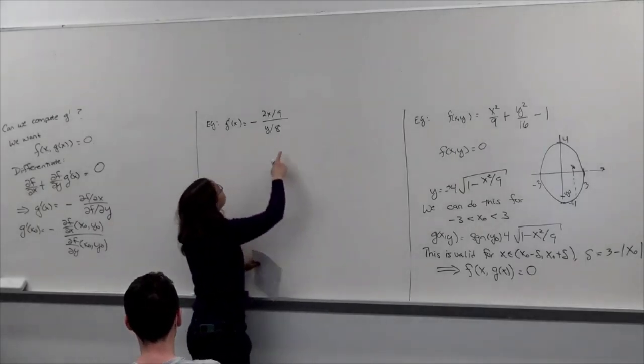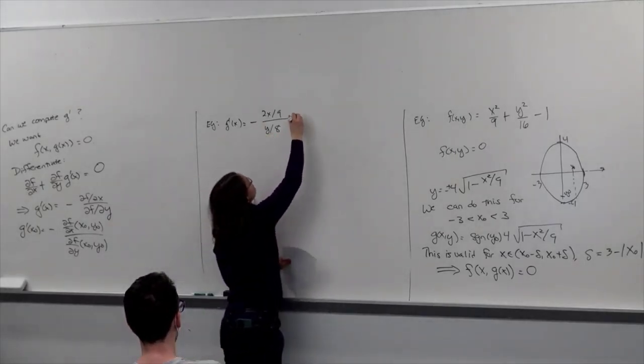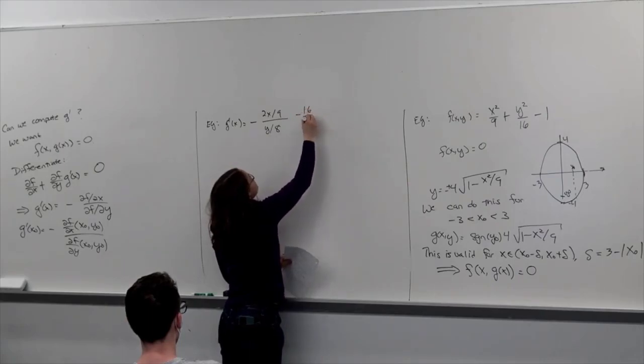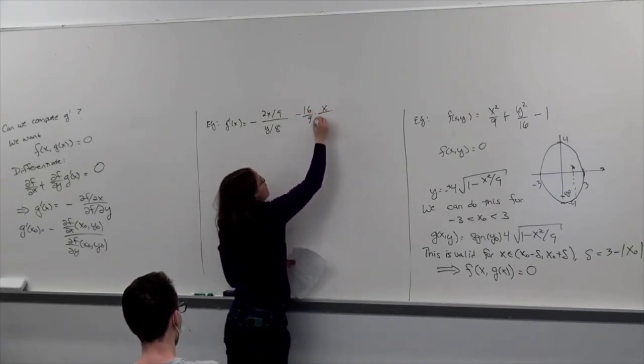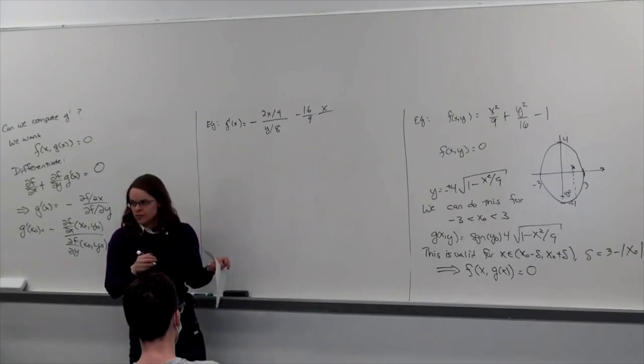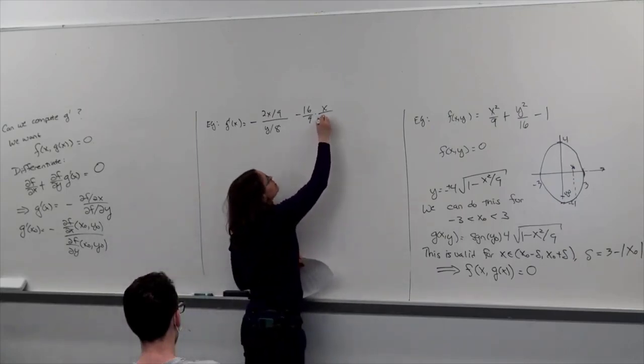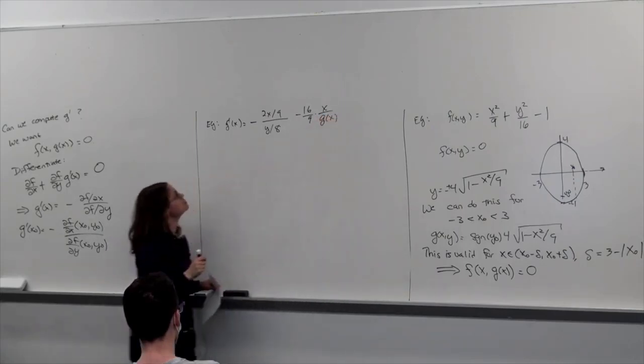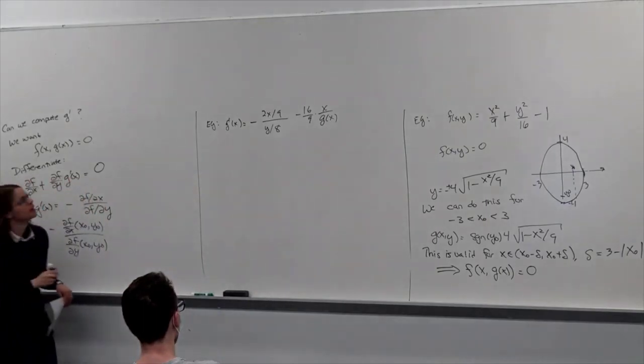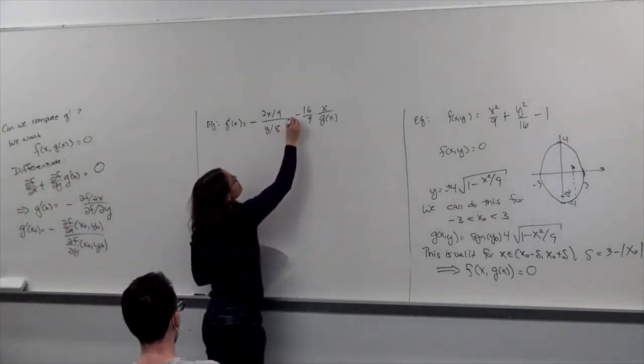Okay, so what is this? This is minus 16/9 x over y. Now y is a particular value, it's g of x. I should probably have an equal sign here.